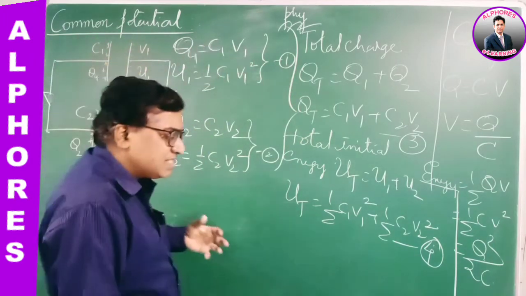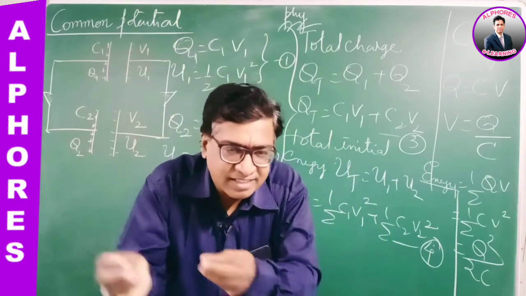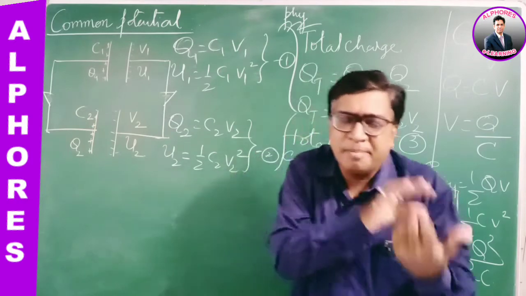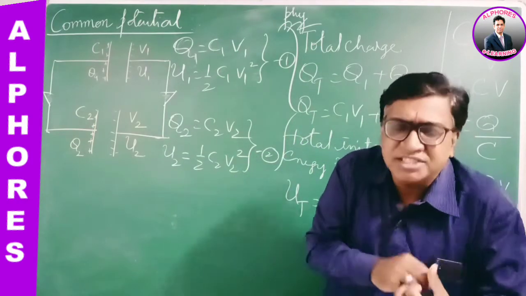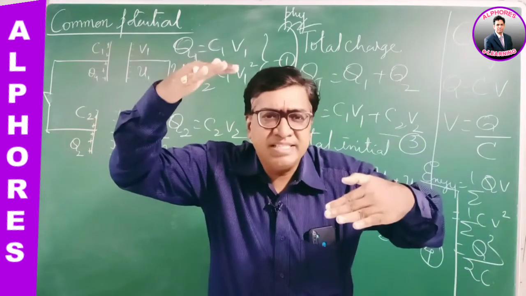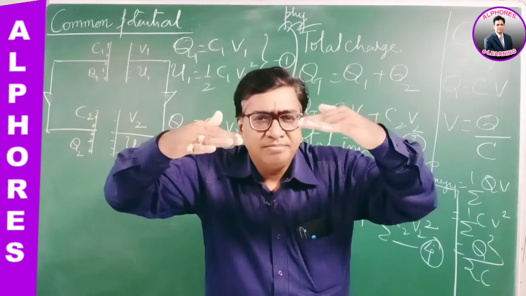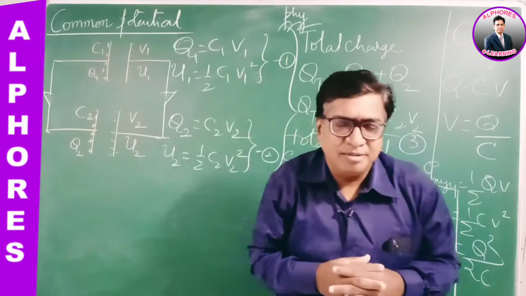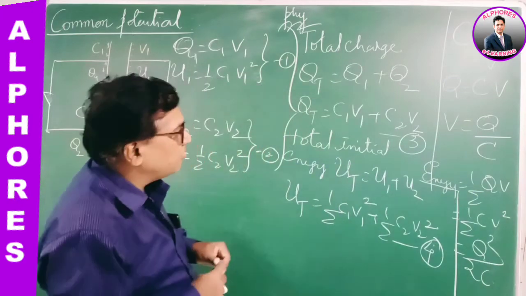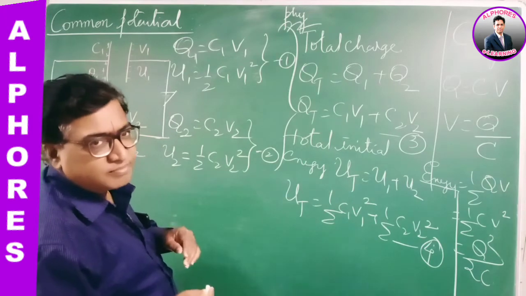The capacitor with higher potential will let some charge move away. The capacitor with low potential takes the charge, and this will increase its potential. So the potential difference that was there is now averaged, and both levels become equal. Both attain a common level, and that common level is termed the common potential.